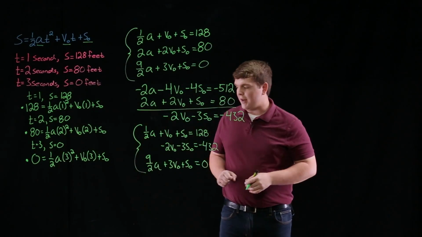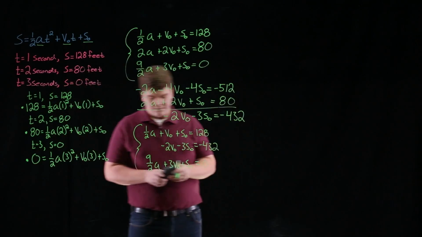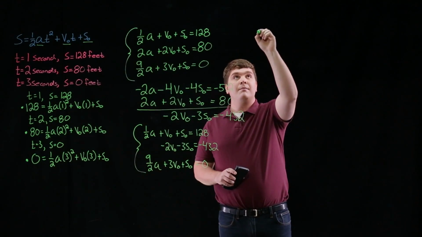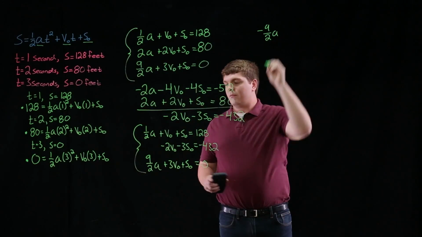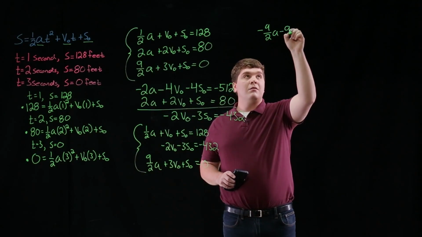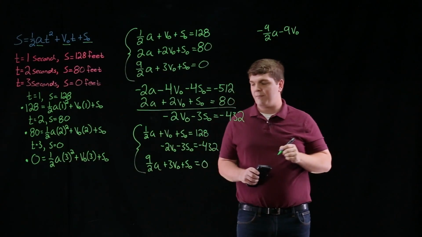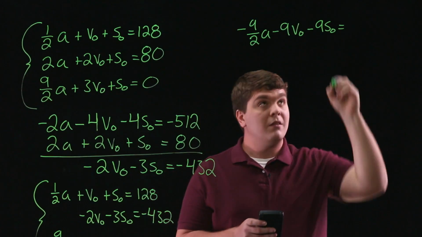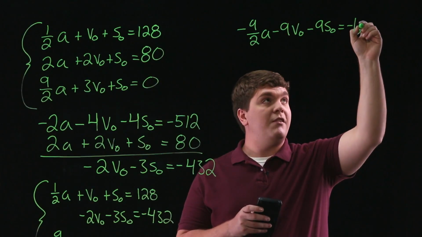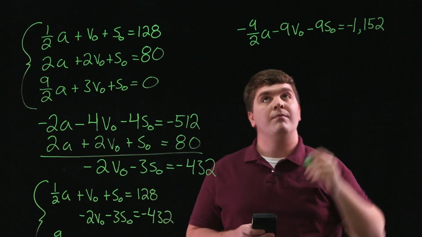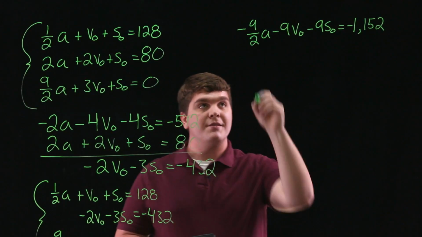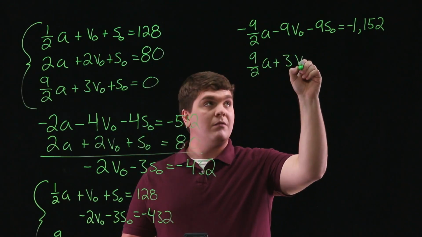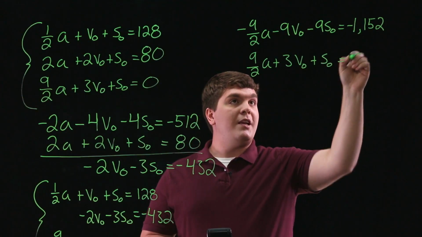So multiplying our top row by -9, we'll have -9 halves A minus 9 V naught minus 9 S naught, and this is going to be equal to -1,152, and our third row will remain the same as 9 halves A plus 3 V naught plus S naught equals 0.